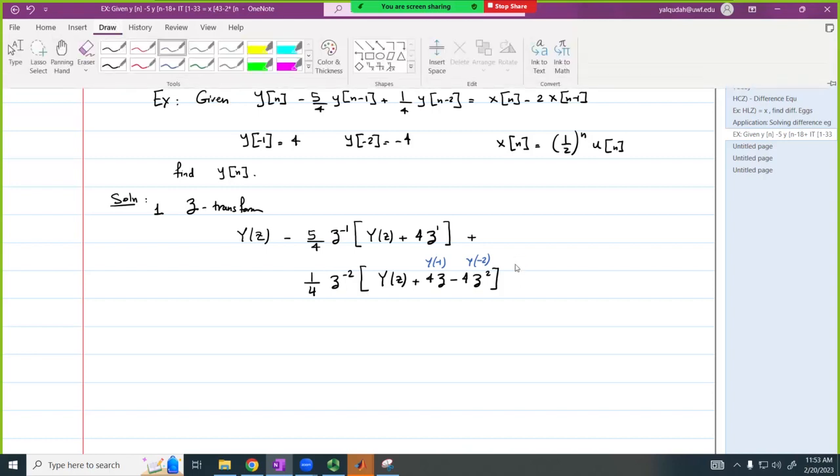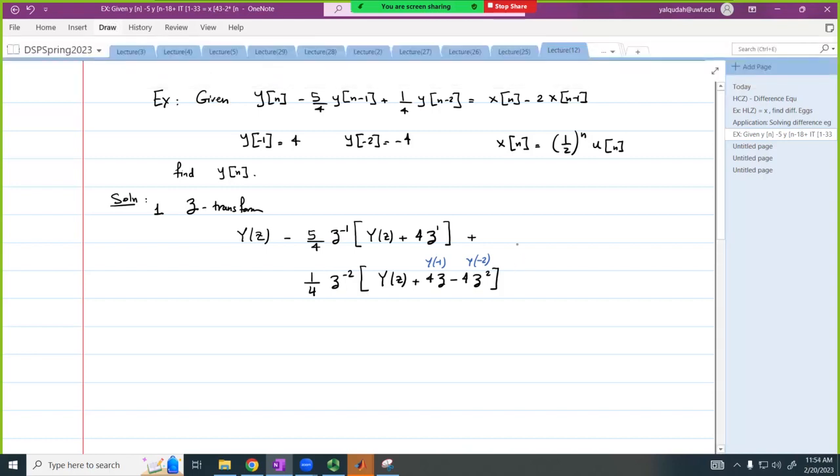So what is this going to equal? This is going to equal the z transform of x of n, which is x of z minus 2 z to -1 x of z plus x of -1 multiplied by z, but this is just 0.